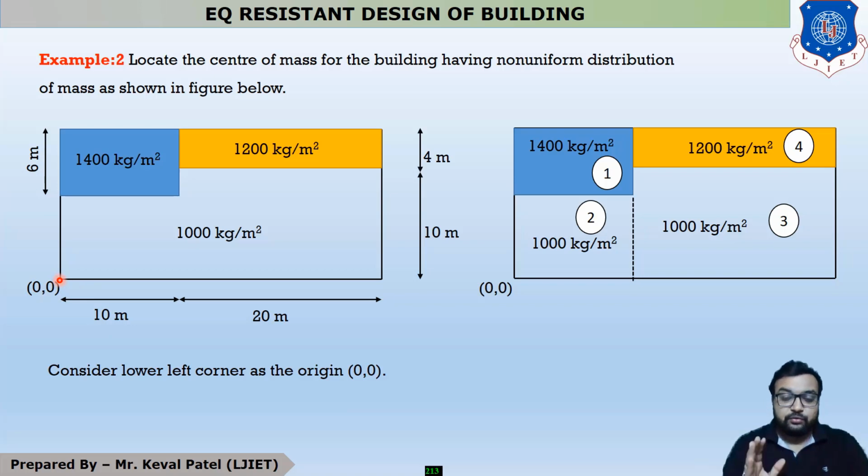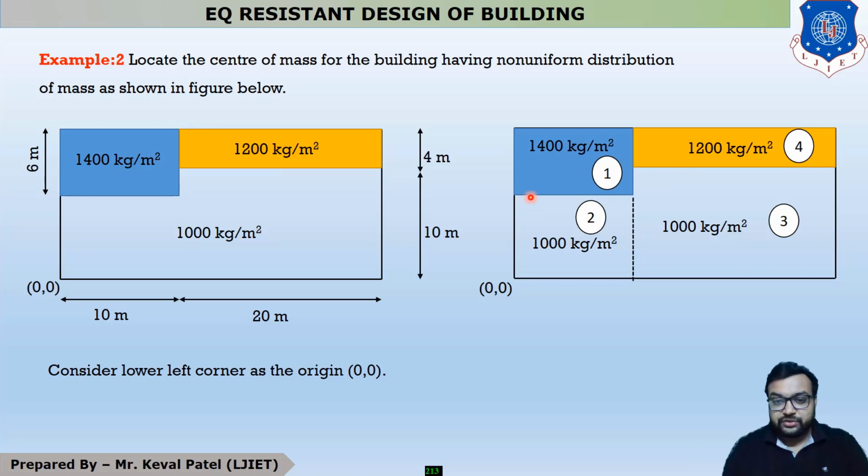First you have to convert kg per meter square to kg by multiplying by the area. What is the area of this portion? It is 10 meter in the x direction and 6 meter in the y direction, so the area is 10 into 6.